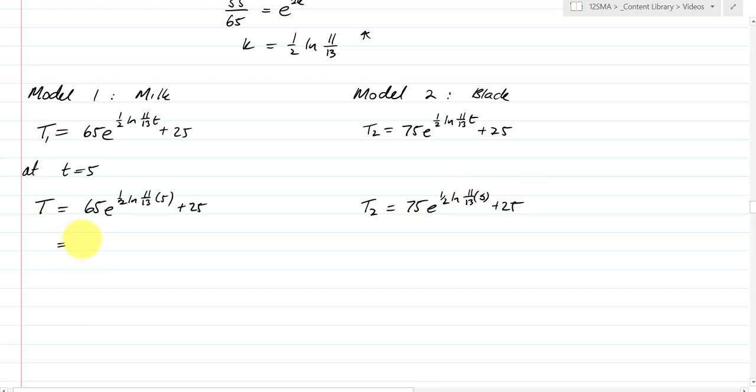And so the first one gives me 67.81 degrees Celsius, rounding to 2 decimal places, but I've used exact values the whole way through. And the second one gives me 74.39, or actually 74.40 rounded up, degrees Celsius, again keeping the exact values the whole way through.